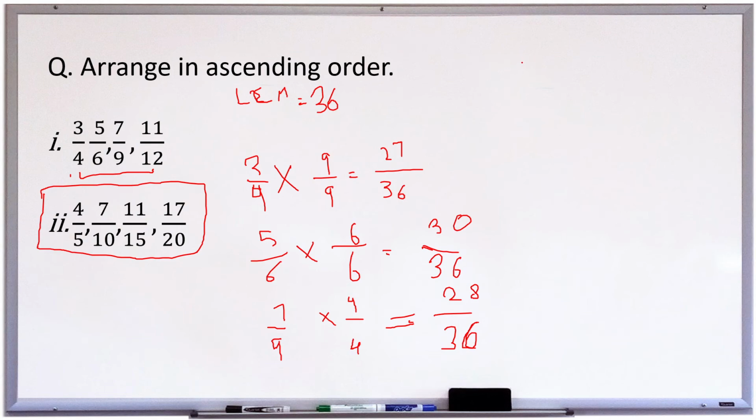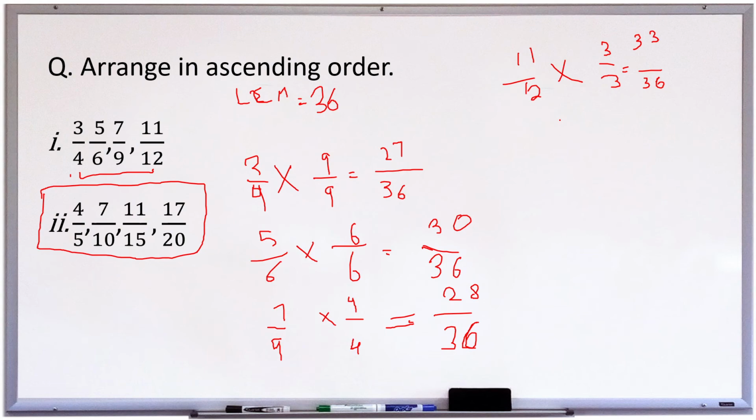And now the last, that is 11 upon 12. Now 36 divided by 12 is 3. So this number will be 30. Sorry, yes, 33.